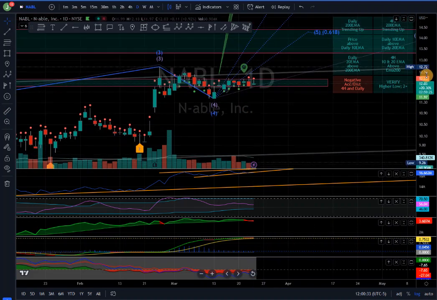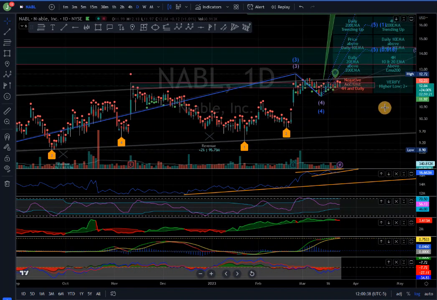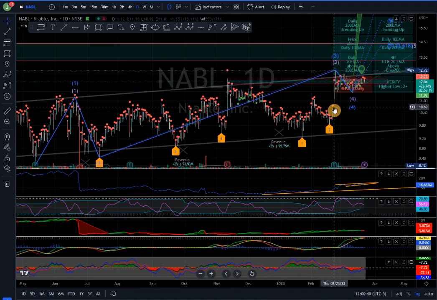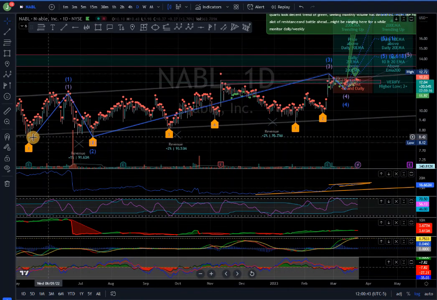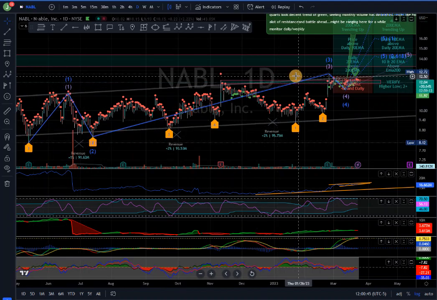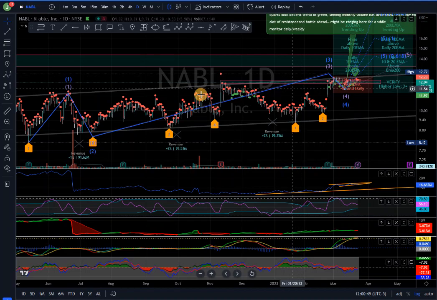All right. Now here's a few other things that I analyze and make these decisions. So this Elliott wave count is terrible. I don't like the way it looks, but it is what it is.